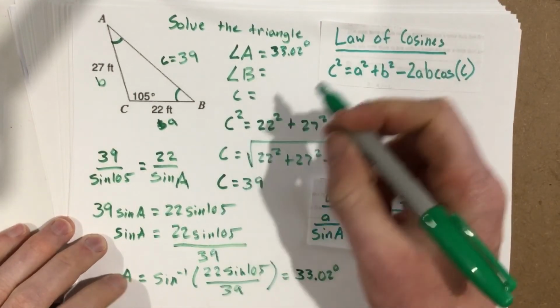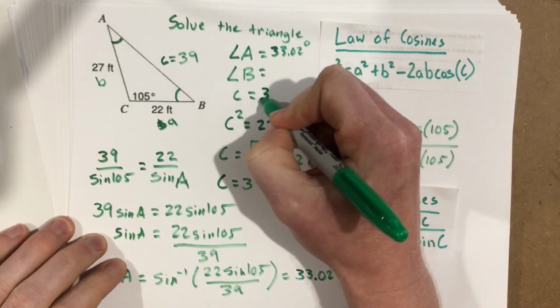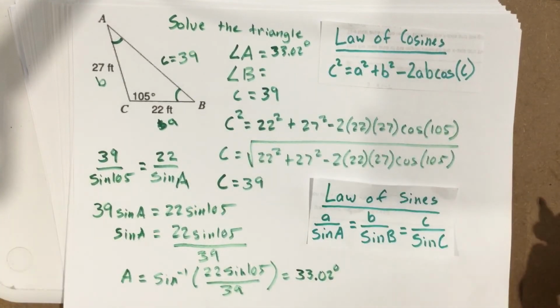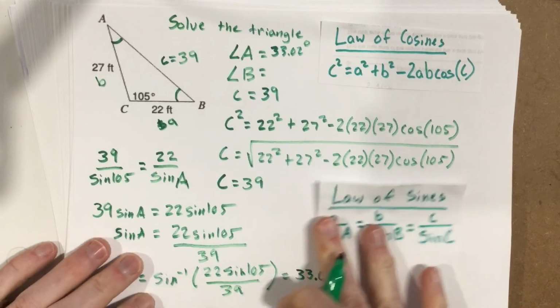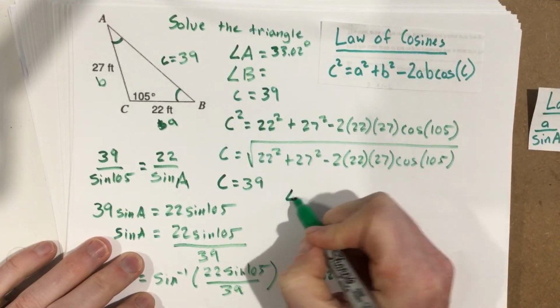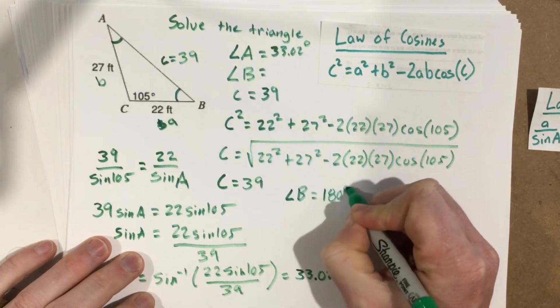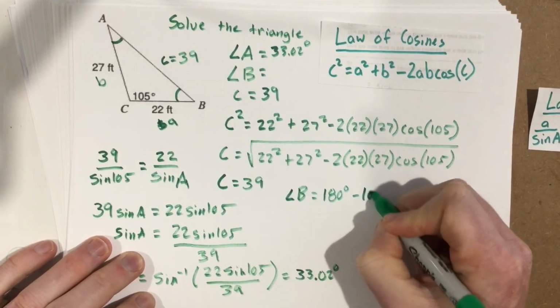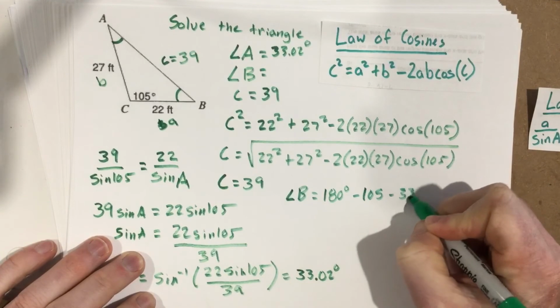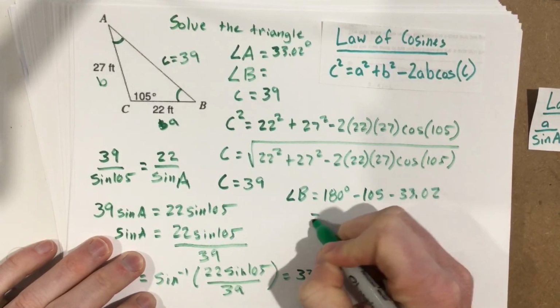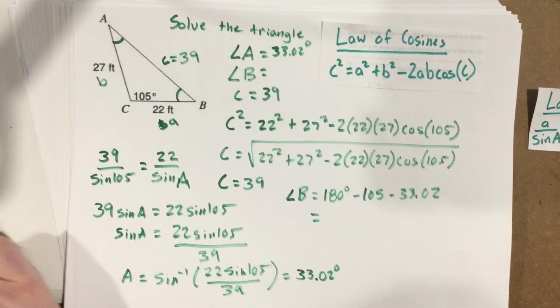Now I'm going to write down what C was. We said C was 39. And then we've got to find angle B. Well, we can find angle B now by just using the 180 degree rule. So 180 degrees minus my other two angles, 105, minus 33.02. Plug that in the calculator.